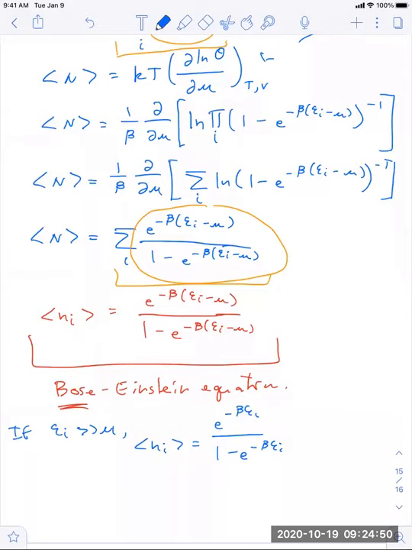So I'm basically removing mu from these expressions. And if my energy is much greater than the thermal energy, kT, this is just the Boltzmann factor.